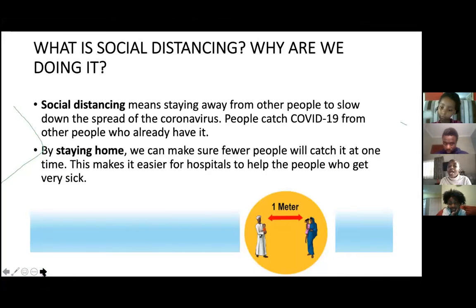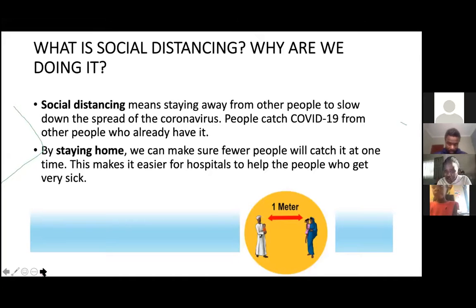Now, what is social distancing? Who can tell me what social distancing is? Social distancing is when you stand apart from each other. You don't stand close to each other. Yes, that is correct.